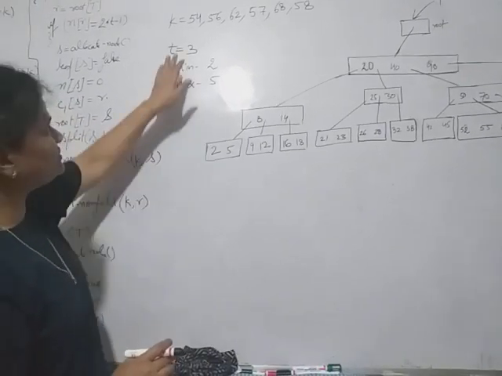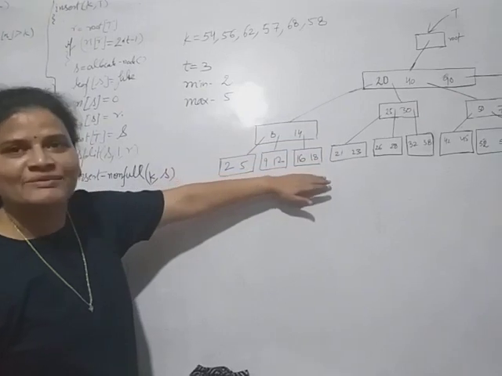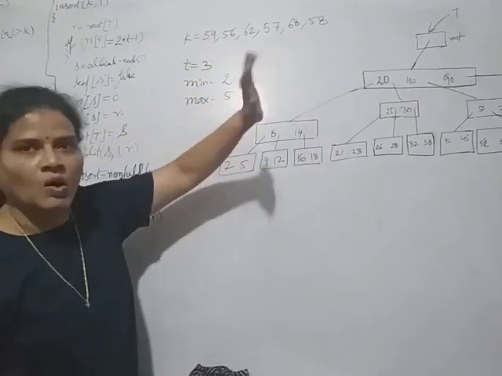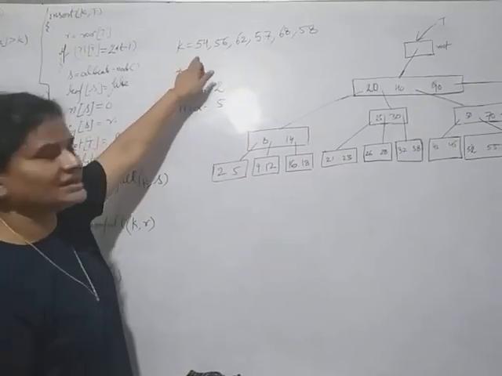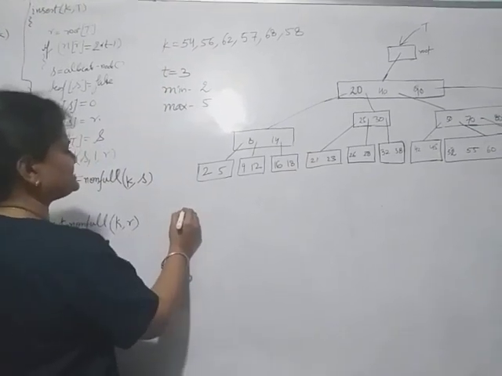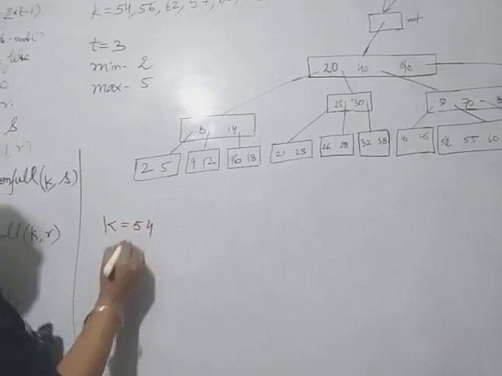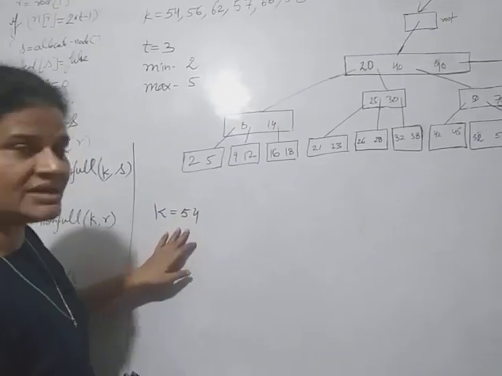Now I want to insert these keys in this B tree in the following order. So first I am taking k equal to 54. I want to insert k is 54.